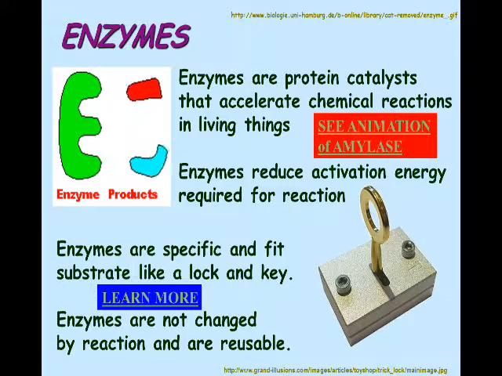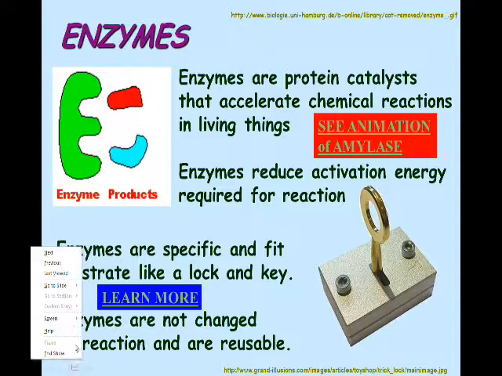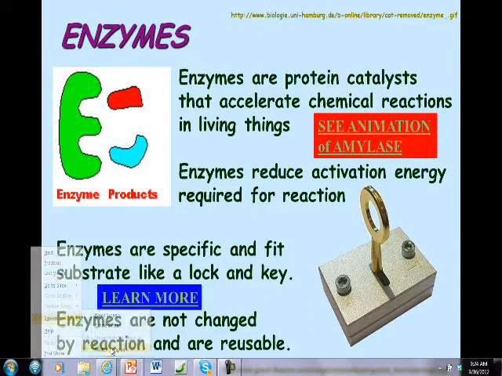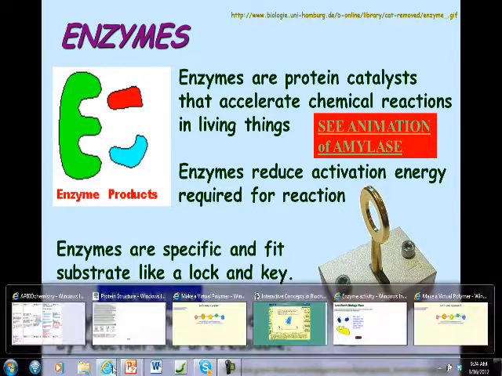They work by reducing activation energy, the energy that's required to kickstart a reaction and get it going. Enzymes are specific, and they fit like a lock with a key with the substrate molecule they're going to help. Enzymes are not changed by the reaction. They are reusable. They get used over and over again. We're going to look at a couple little animations about enzymes and how they work.